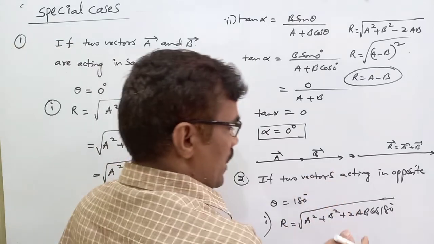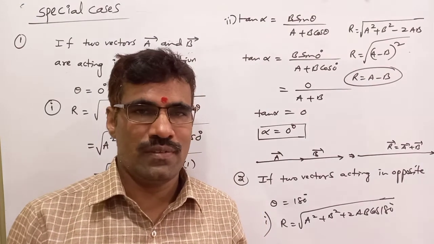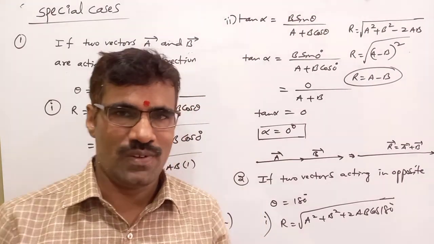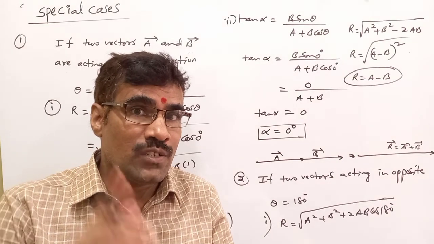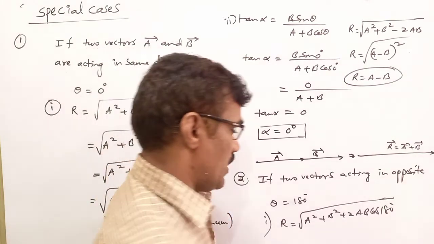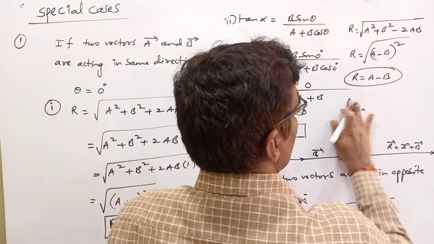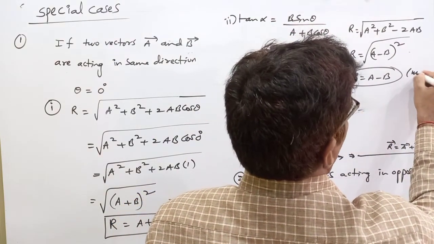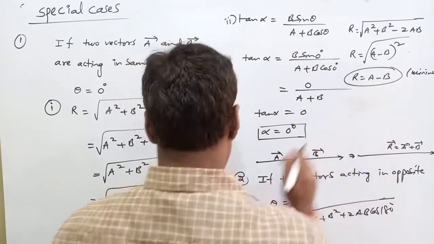The minimum value of cos theta is minus 1, cos 180 is minus 1, and the maximum of cos theta is 1. So R maximum and R minimum: this is the minimum value of the resultant vector, and this is the maximum.